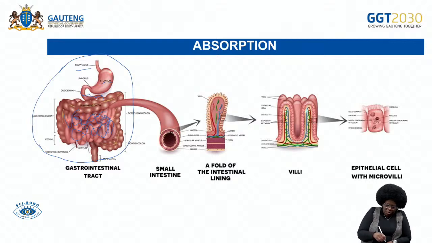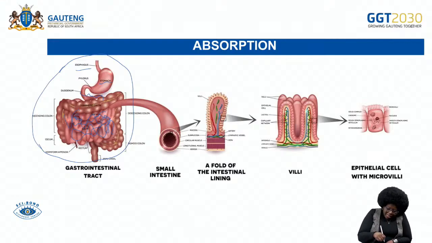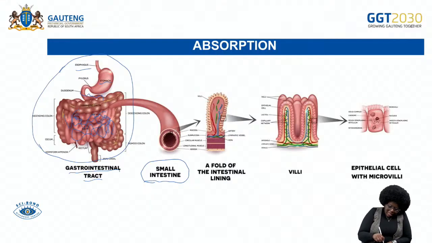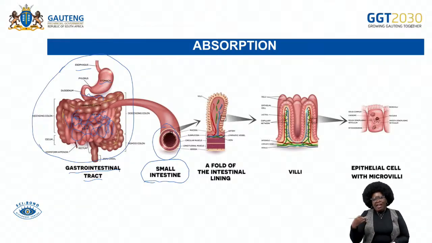But look at this now. This is just a portion of the internal structure that is showing us the small intestine. We are now moving from the gastrointestinal tract, because that's the entire tract. Then there's the small intestine. There are different layers found in the stomach and also in the small intestine.